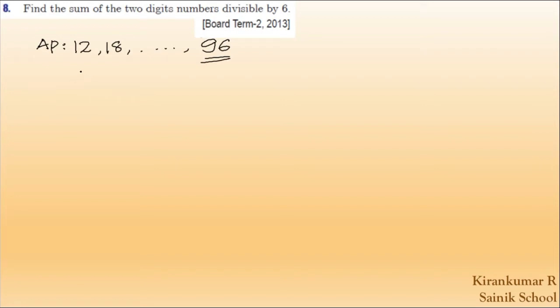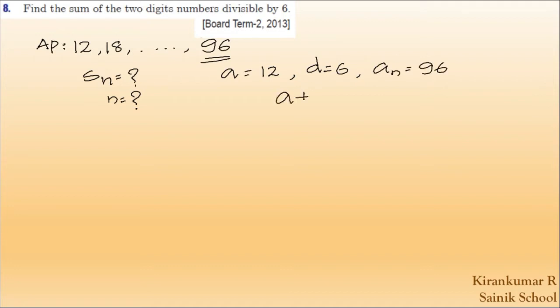So as we had done earlier, we need to find the sum of those n terms. For that we require the n value. Here we have the first term as 12. The common difference is 6. The nth term is 96. Let us make use of an = a + (n - 1)d. 96 is equal to 12 plus (n - 1) into the common difference 6.